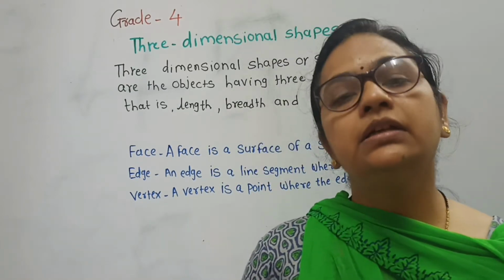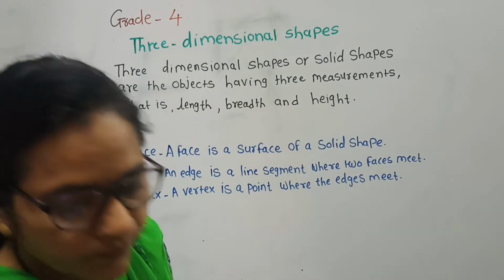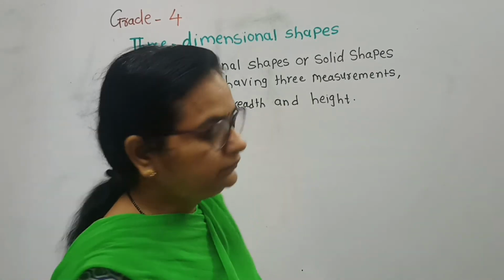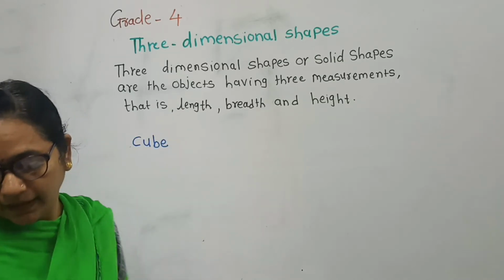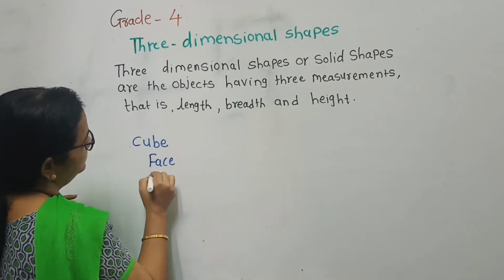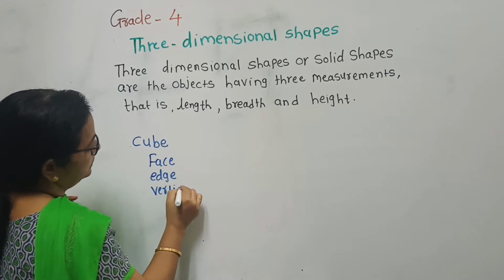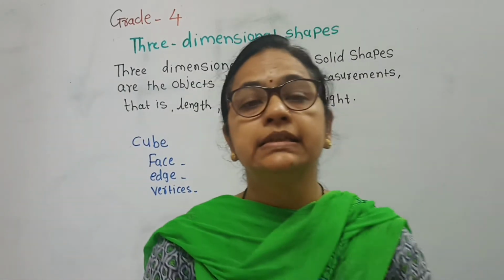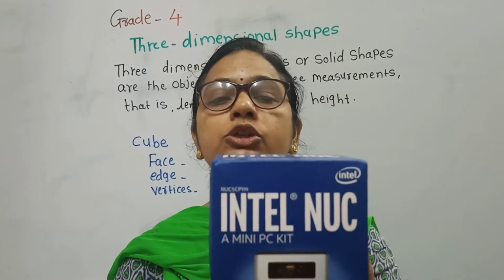Okay, now we are going to count the surfaces, edges and vertices of these solid shapes. Okay, so first cube: face, edge and vertices. See here, this is a cube. Now, how many faces does this cube have?